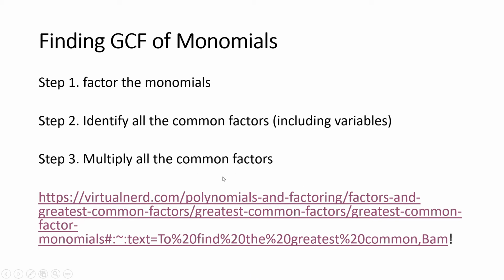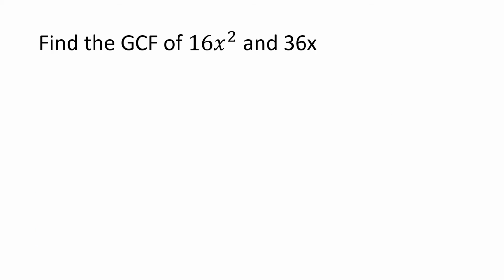So, let's have an example. Another example will be 16x squared and 36x. So, first thing first, as shown in the video, is you want to write 16x squared as 2 times 2 times 2 times 2 times x squared.